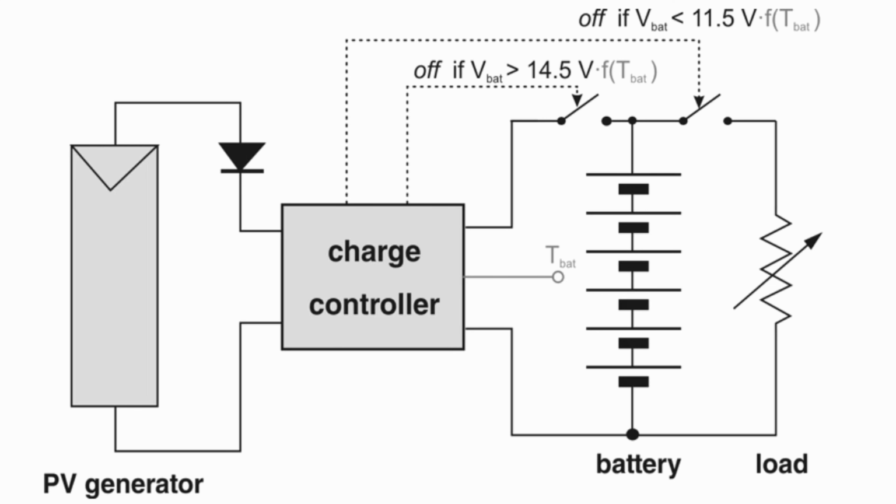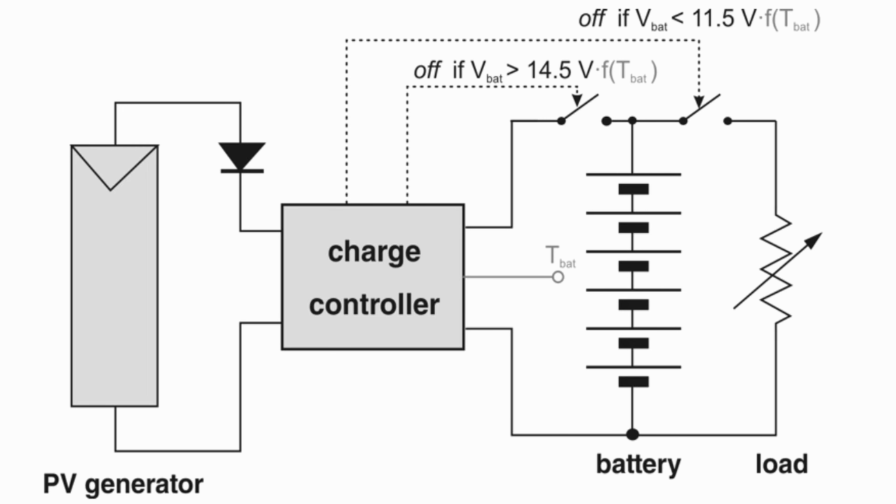So he would switch off the battery from charging if a certain voltage, in this case above 14.5 volt, will be applied. Some of the charge controllers even have a temperature compensation. So you just added here in gray color the function of the temperature additionally, so it already takes into consideration the actual operation temperature of the battery.